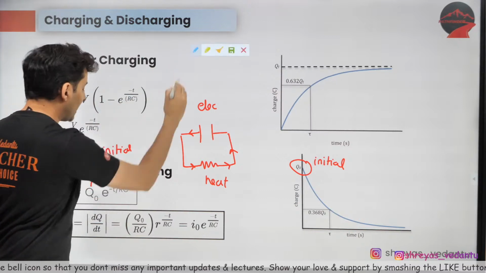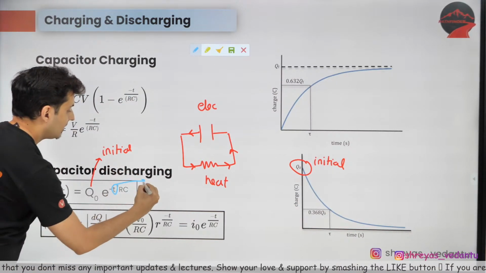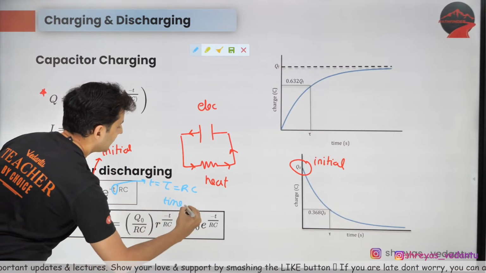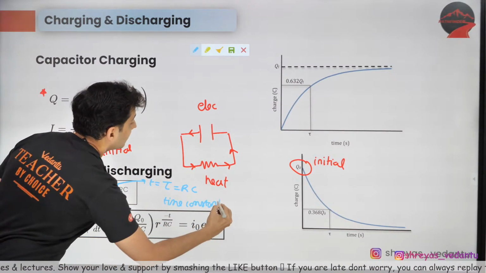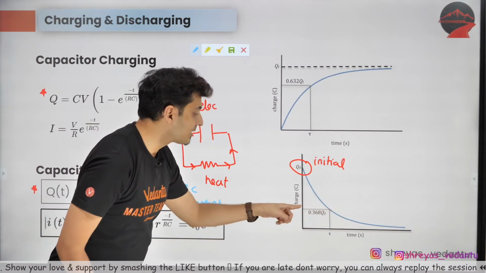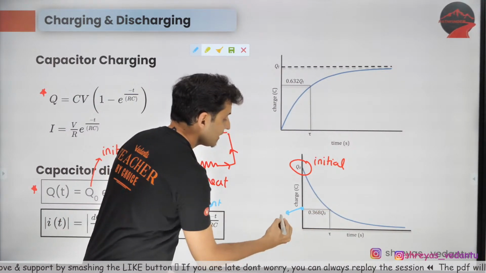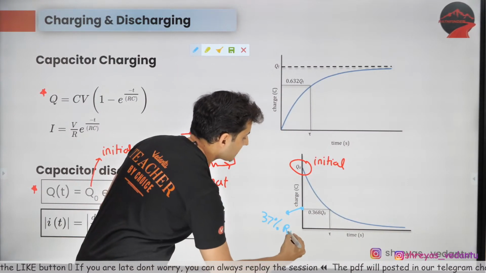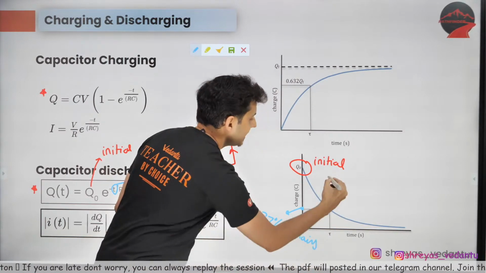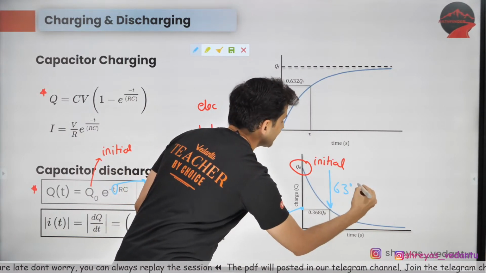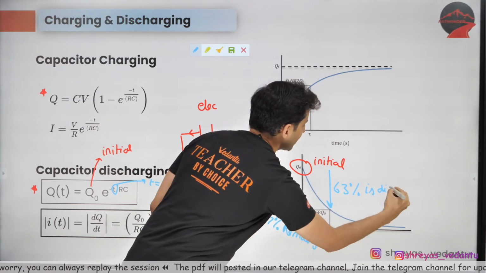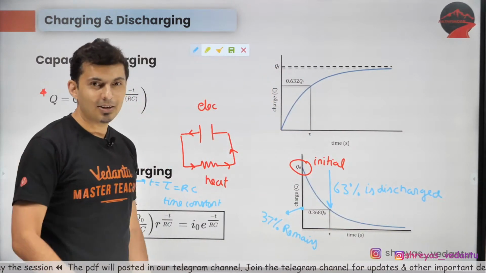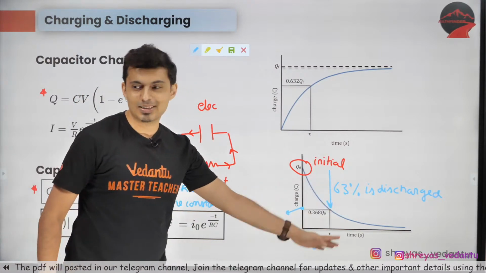After one time constant, when t is equal to RC, the value of the charge remaining is only 37%, or you can say 63% is discharged. It's one and the same thing. So that's why 63 or 37 are very important numbers. Just keep this in mind.